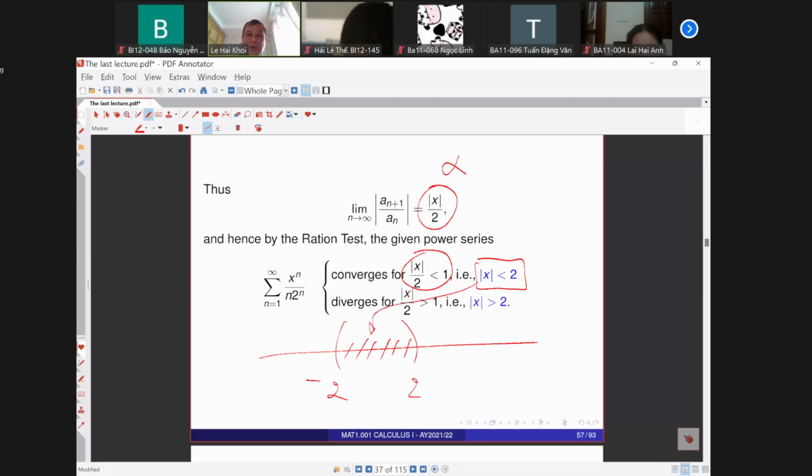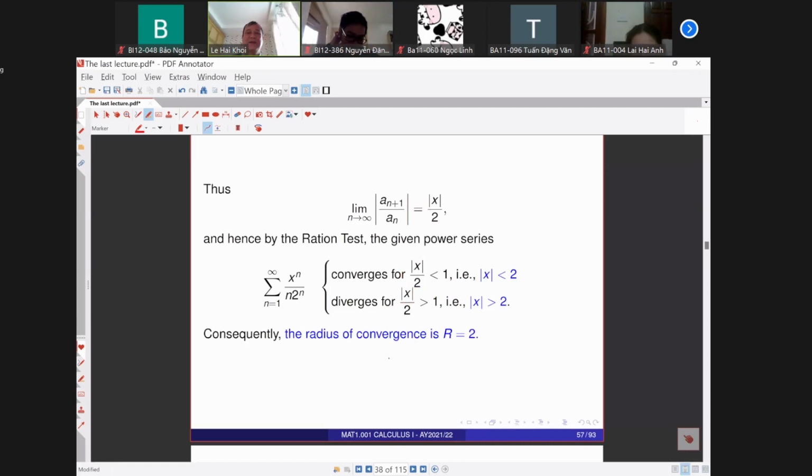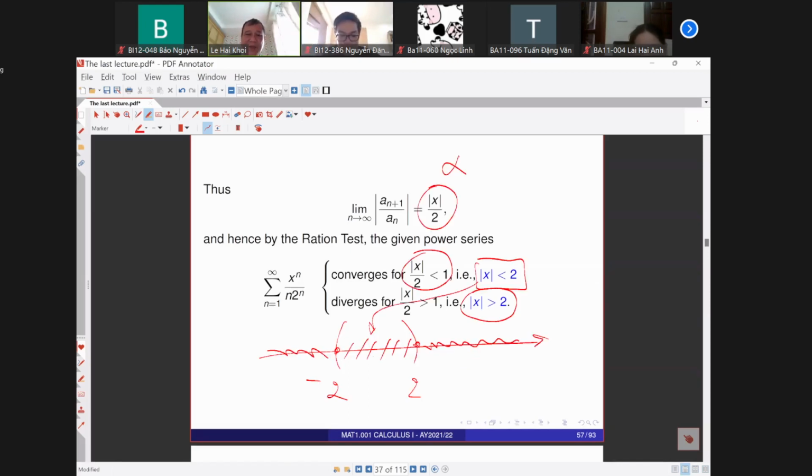But when modulus of x is bigger than 2, you have divergence. But the remaining case is the endpoint to consider, right? So the center is 0 because it is x to the power n, a is 0. And the radius is 2.